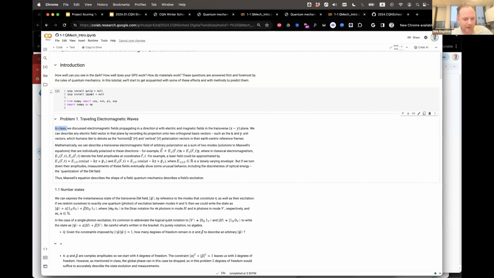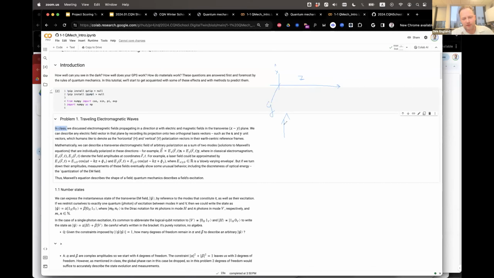We could describe that by the operators that we had a moment ago. Now here we have a choice. There are solutions to Maxwell's equations if you have a propagating wave from the left to the right-hand side along the z-axis, where the electric field is polarized in the x hat orientation or in the y hat orientation.